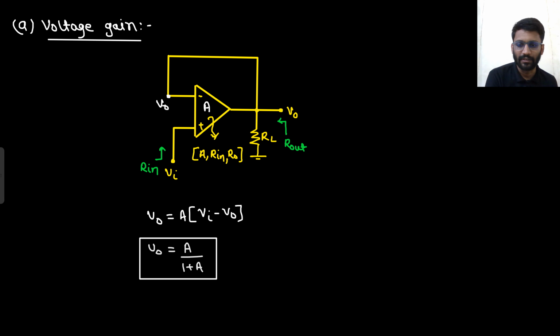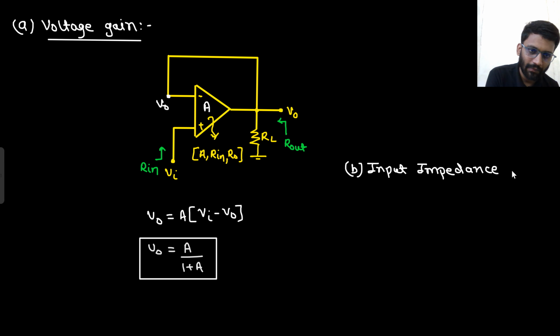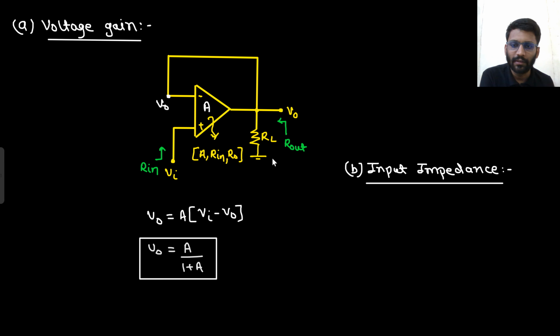What about the input impedance? For input impedance, this V naught is traveling here, and here there is Rin.